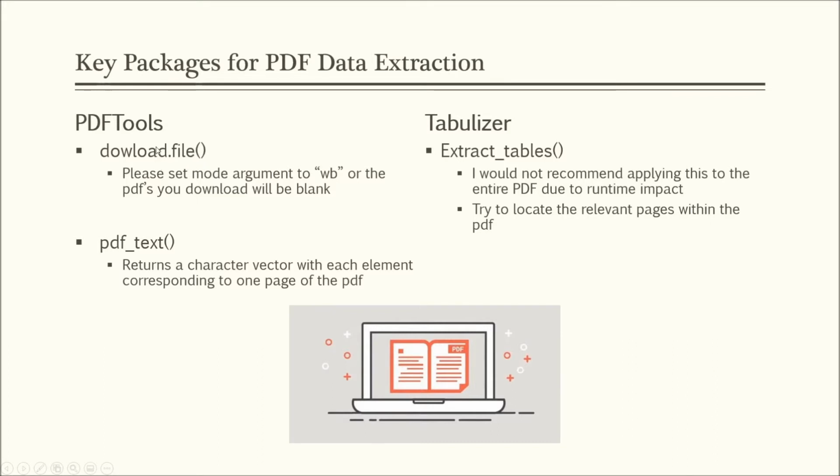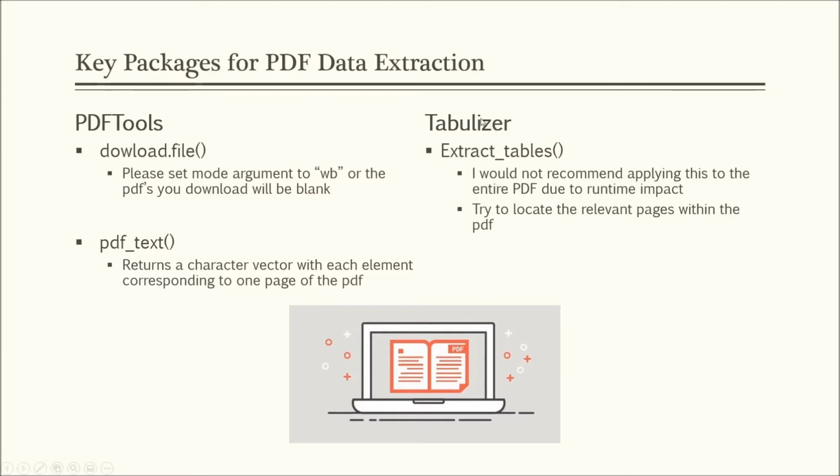But this essentially allows you to pass a link and the file name, and it'll download that PDF into your working directory, and then you can pass that file name into the pdf text function, and it'll return a character vector, the length of which matches the number of pages that are in the PDF. And each element is essentially the text that's contained on each page of the PDF.